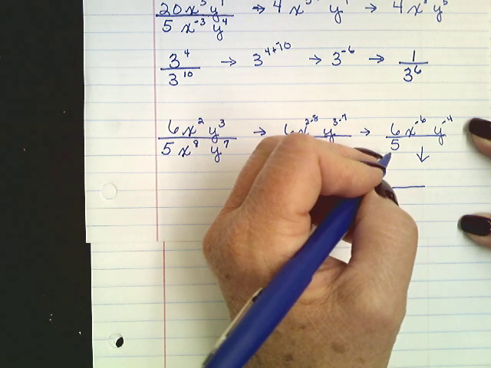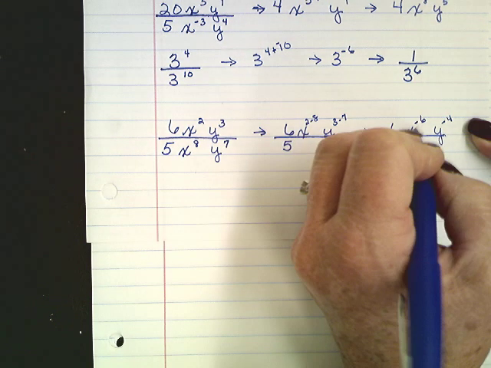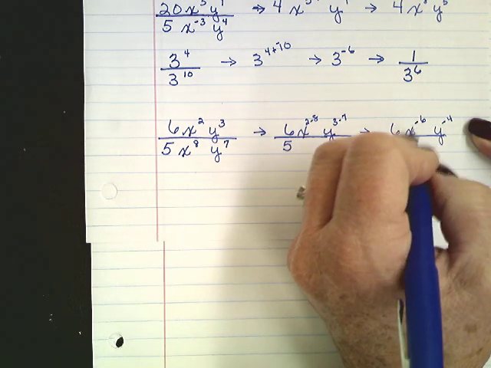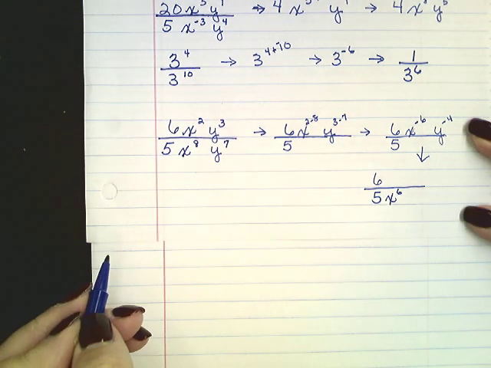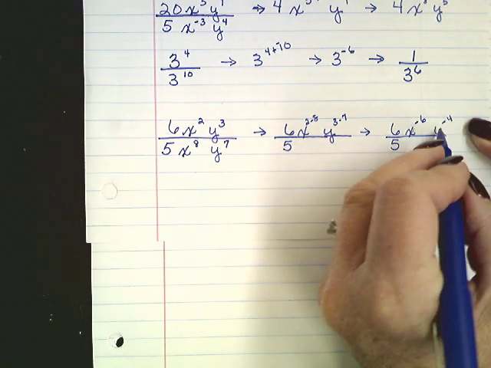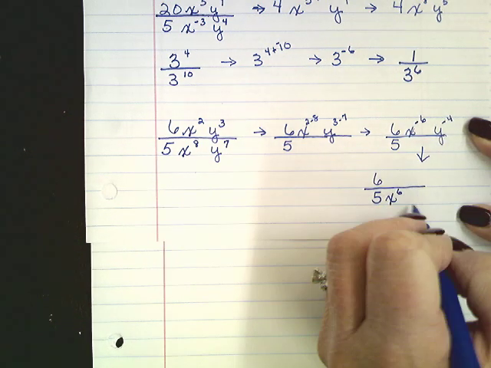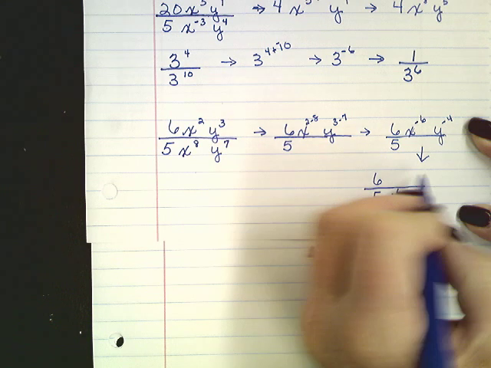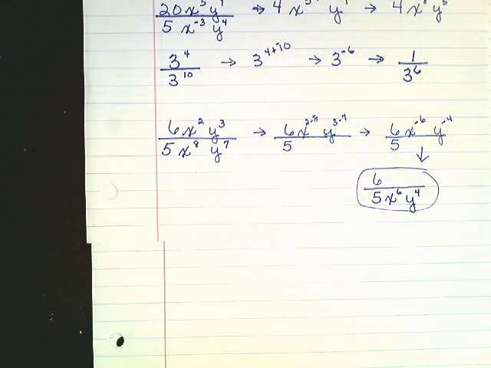They're just 1s, remember? Automatically understood to be a 1. But my negative 6 exponent here with the x has to be moved to the denominator. And the y to the negative 4 can't stay, so that has to also be moved to the denominator. So my final answer is going to be 6 over 5, x to the 6th power, y to the 4th.